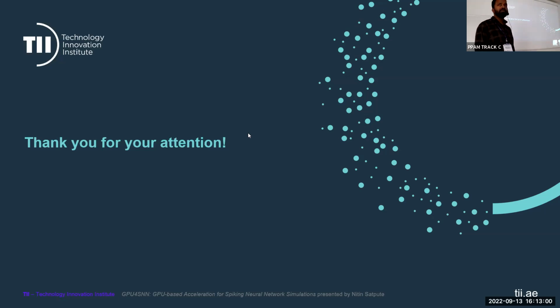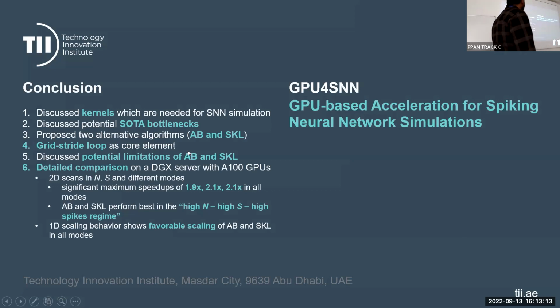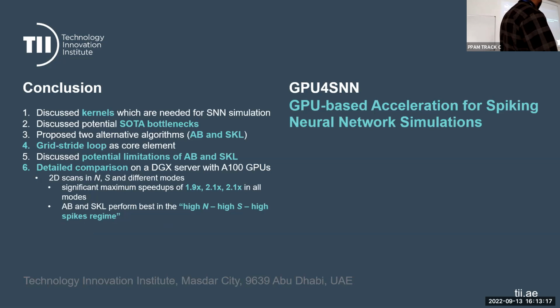And other questions? Maybe from me, short: can you show us again the slide with the visual comparison of the previous methods and your method? Can you go back? It should be fine.